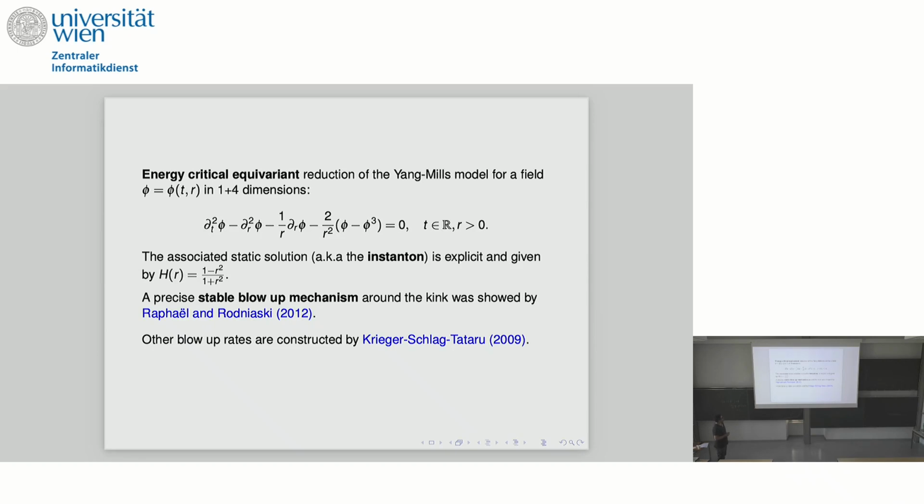It's an explicit solution of this model. You have a stable blow-up mechanism around this solution, and some unstable behavior as well. The stable blow-up mechanism was found by Raphaël and Rodnianski, and before that, the unstable blow-up was constructed by Krieger, Schlag, and Tataru.